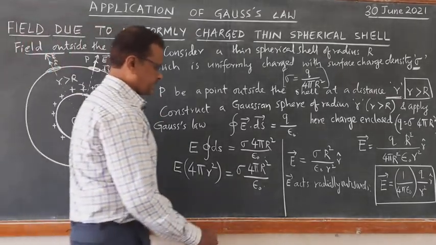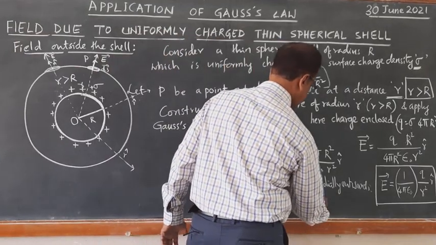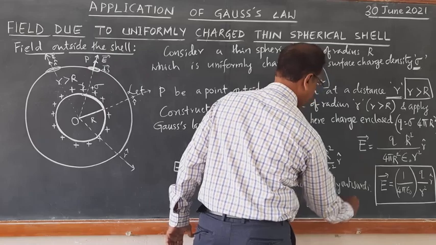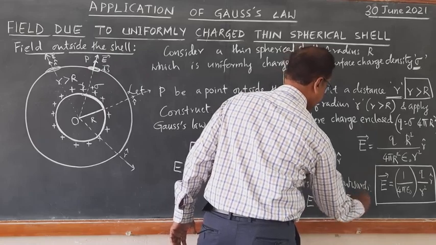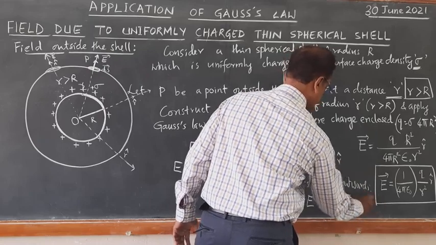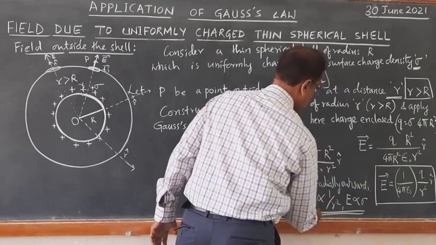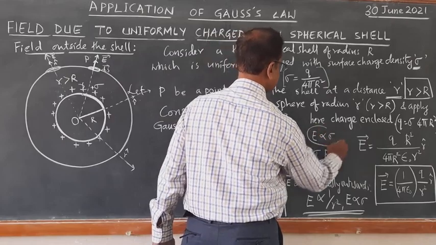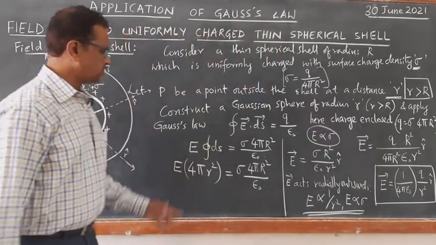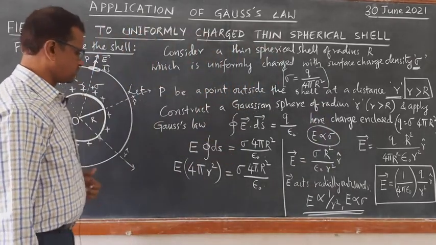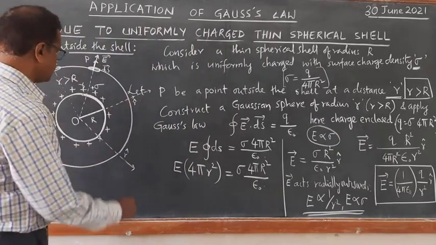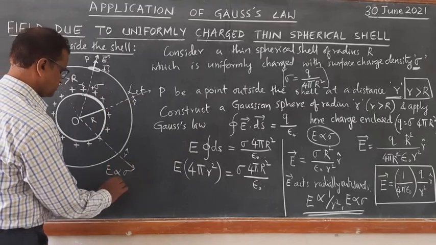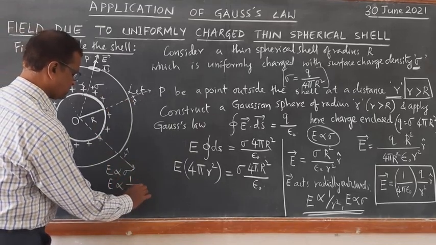Thus I can write E is inversely proportional to r square, and E is directly proportional to sigma. More the charge density, more is the electric field.